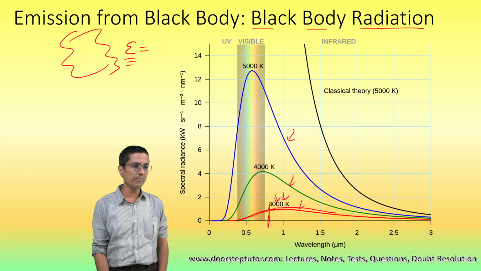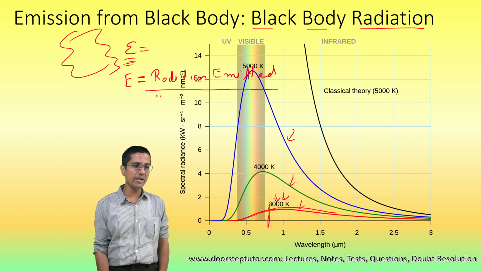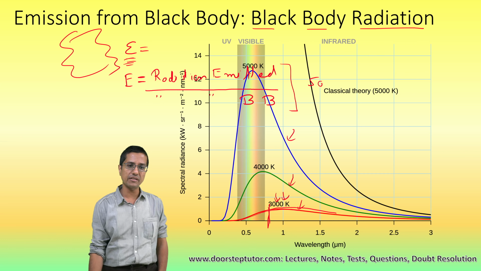It is denoted by epsilon, or sometimes by E. The emissivity is the radiation emitted by any body divided by the radiation emitted by a black body at the same temperature.